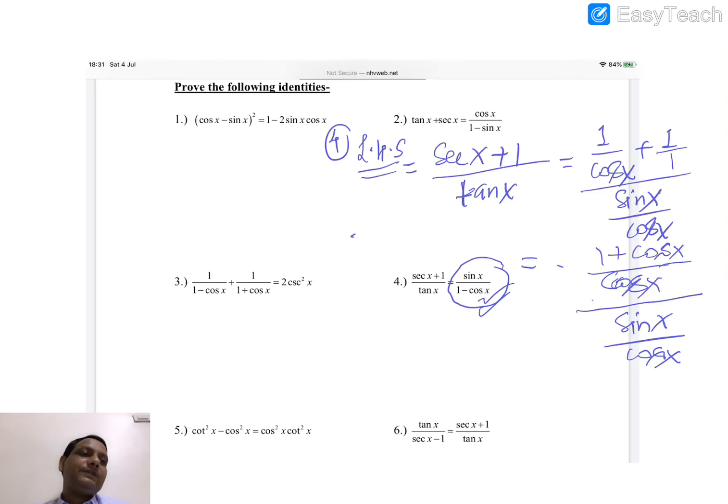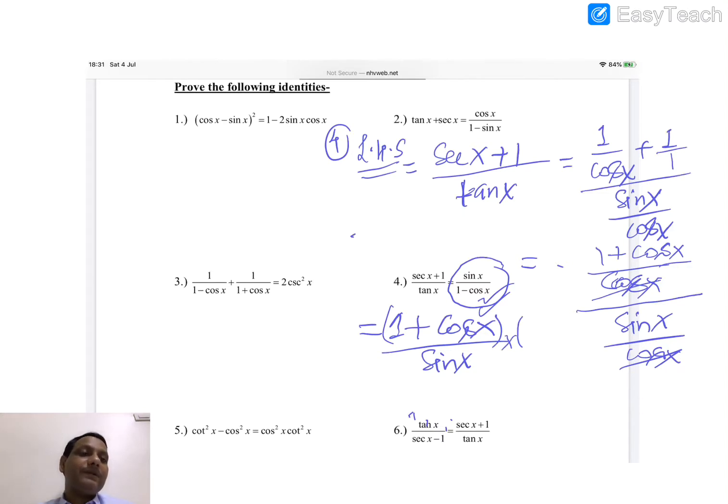As you know, this cos x got cancelled, so we are going to get here practically 1 plus cos x over sin x. Alright, as we know from the question, our requirement is that the denominator is 1 minus cos x, so once again I will prefer to do conjugate multiplication.